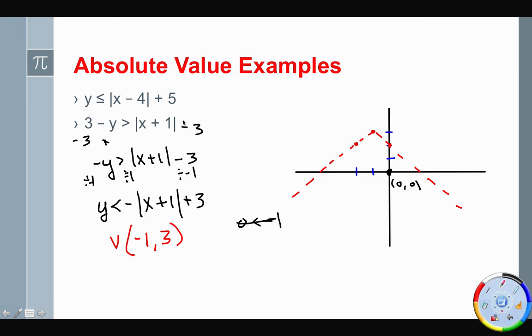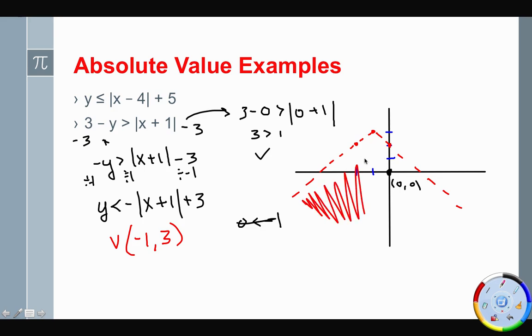We have to do it in the original statement. 3 minus 0 greater than the absolute value of 0 plus 1. 3 minus 0 is 3, greater than the absolute value of 0 plus 1, which is just 1. Looky there, we got another true statement. 3 is bigger than 1, and since 0, 0 is inside the V, we get to shade everything on the inside of the absolute value.